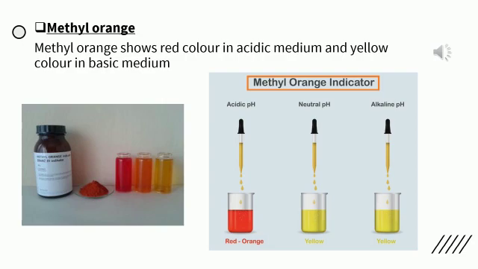And it looks yellow when you add it to base medium or base substance. And it remains neutral, somewhat bluish yellow color. Okay, so this is about the concept of methyl orange as a synthetic indicator in case of acid, base and neutral.